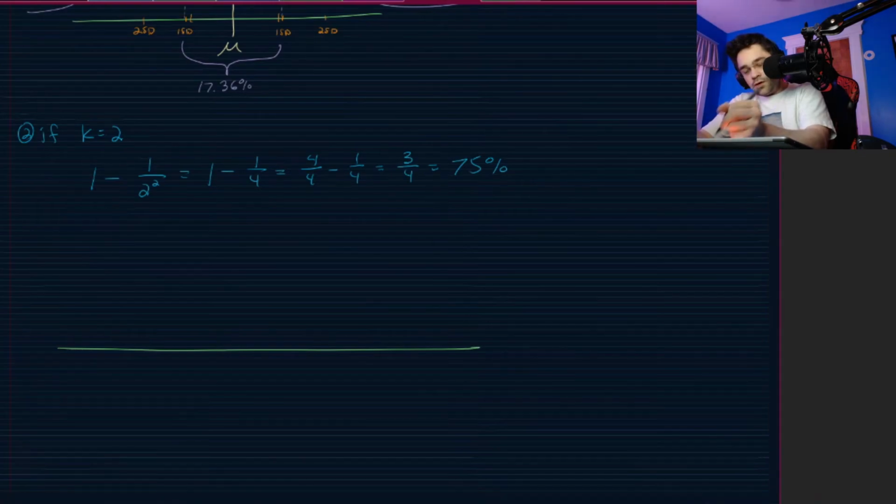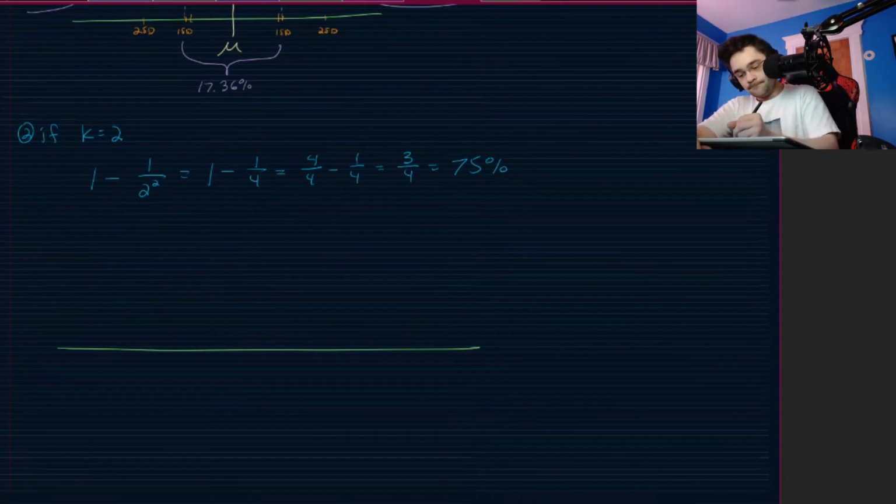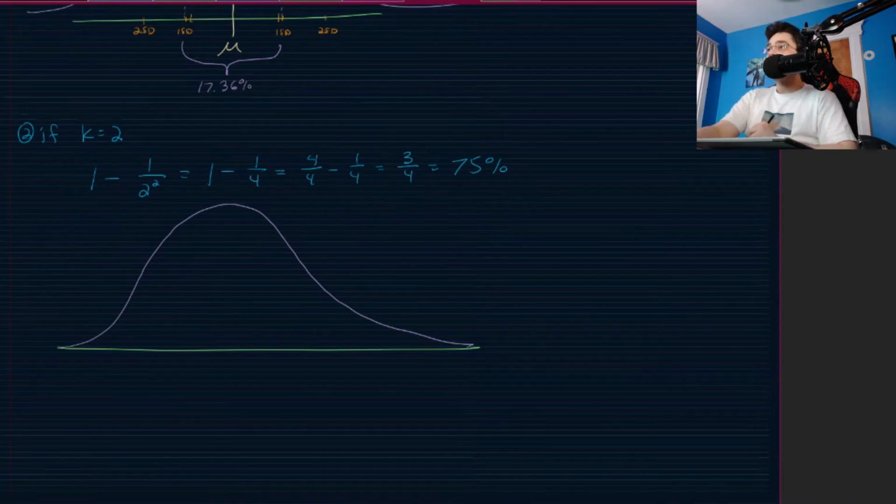So let me draw another picture here. I'll try drawing this one a bit skewed. Let me draw a little bit better. There, that's pretty good. So let's say the mean would be like here.